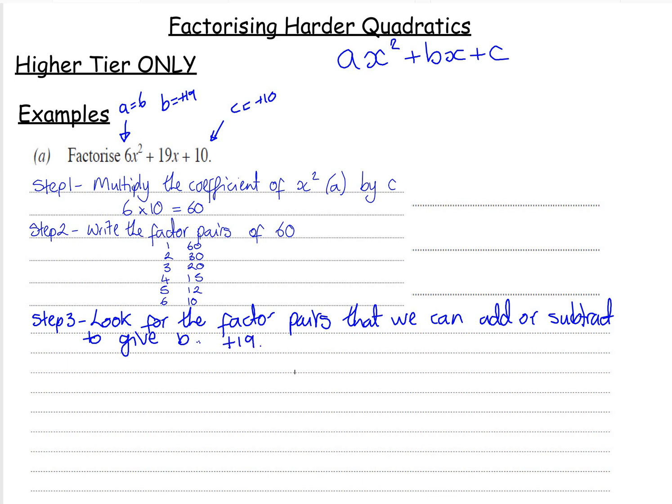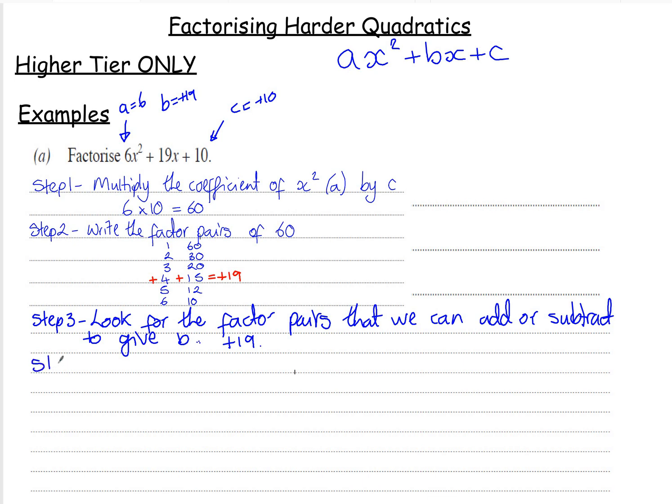So let's look at these factor pairs that we have got. Can 1 and 60 be added or subtracted to give plus 19? No. 2 and 30? No. 3 and 20? No. 4 and 15? Yes. How? Plus 4 plus 15 would give you plus 19. Can 5 and 12? No. Can 6 and 10? No. So these are going to be the factor pairs that we need, the plus 4 and the plus 15.